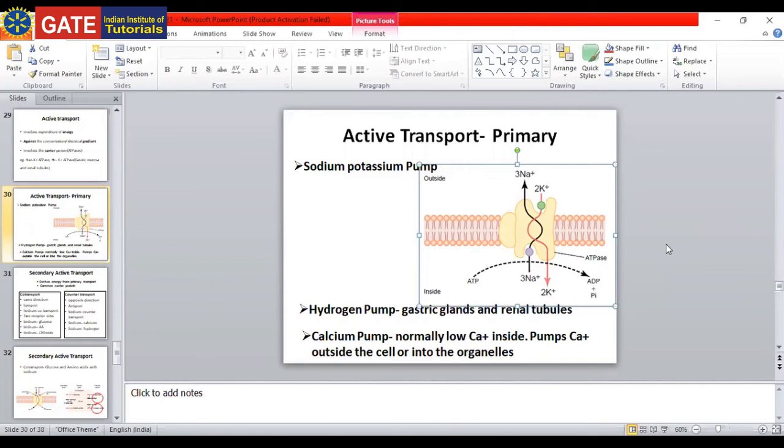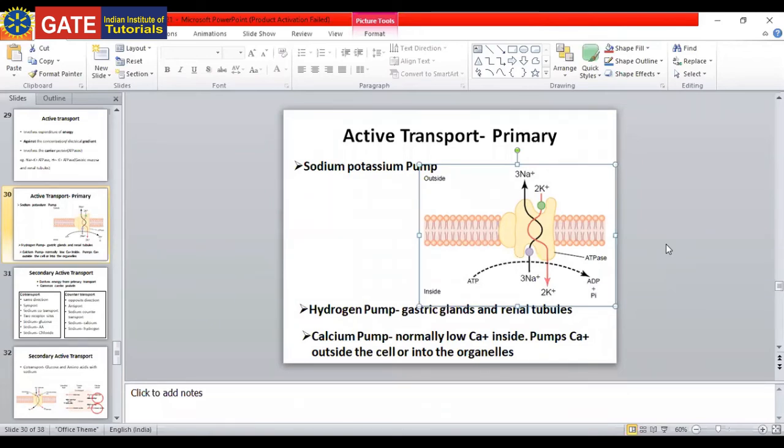So here, what happens is you already have enough sodium outside the cell. So you're further pumping the sodium. It's already there, so there is no gradient across the membrane for sodium to move out.